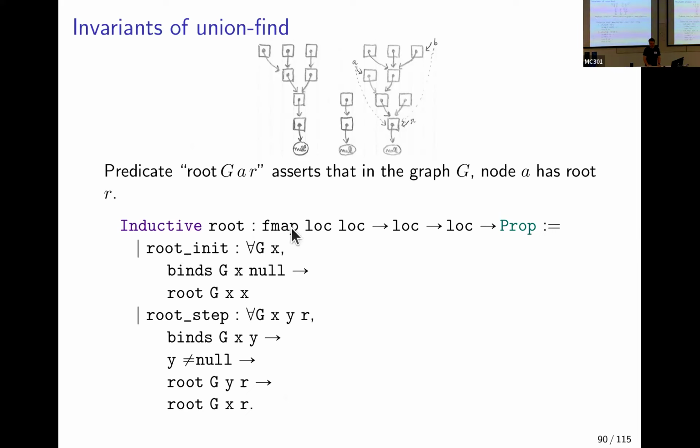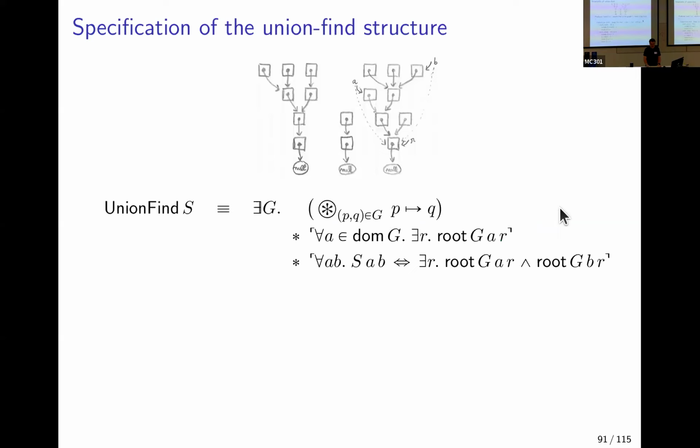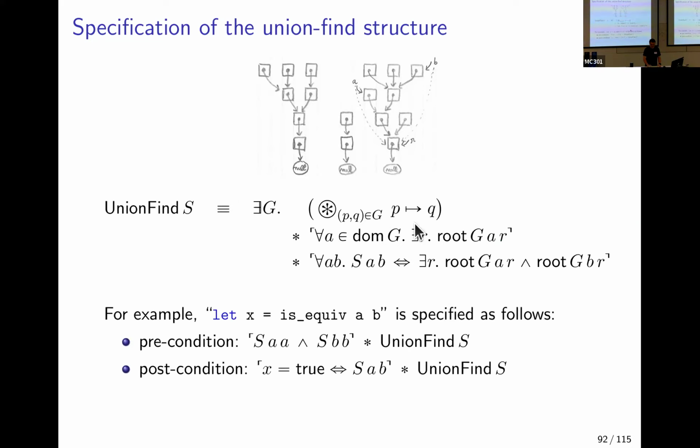So you have something that represents the structure of the heap inside of your logic, and then you reason about it in your logic. And then you have a union-find predicate S that says there exists a big map that represents the structure of your union-find data structure, and then you proceed.